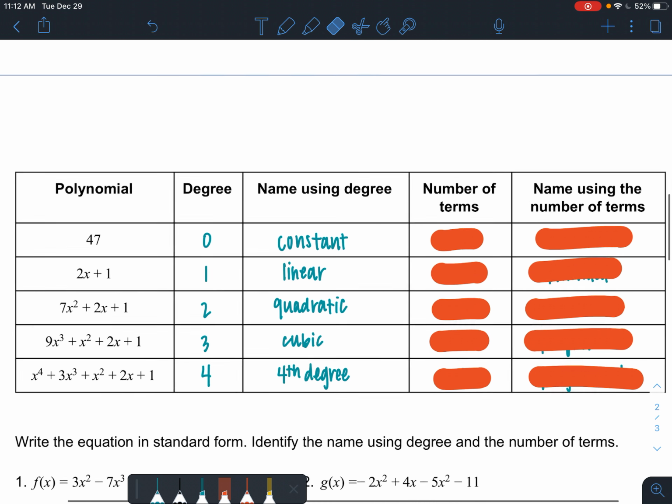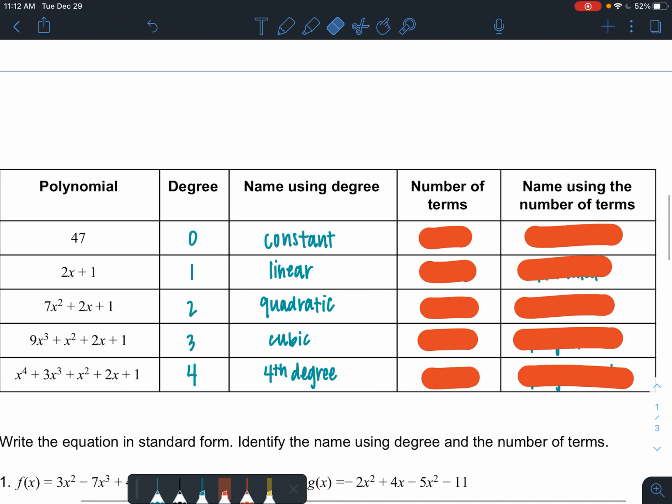Okay, now let's talk about the number of terms. So the number of terms that we have, I'm just going to separate this out. If I have a polynomial with one term, so this is just the one term, then it is called a monomial.